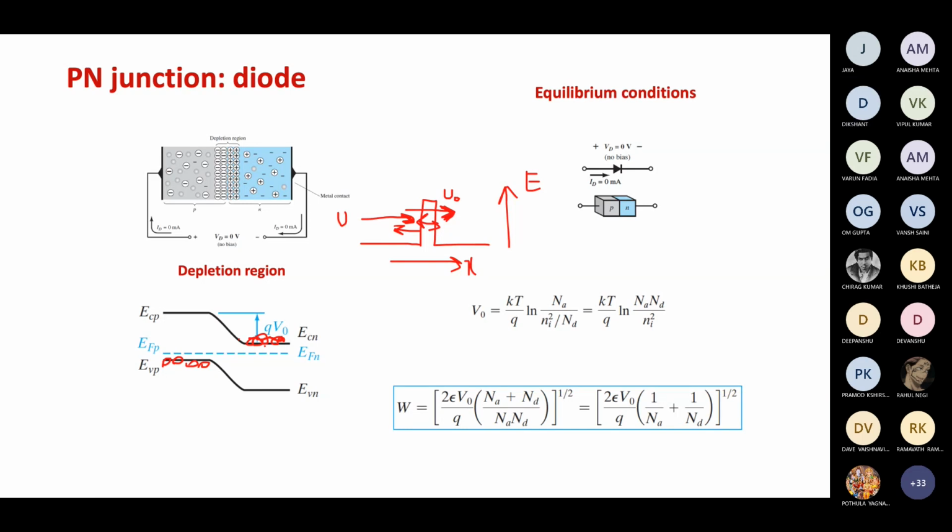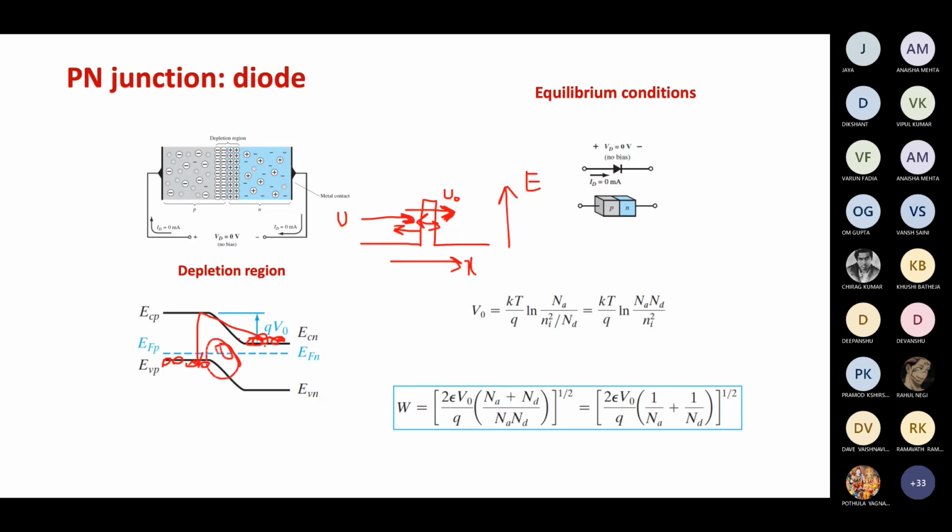But by design, if we dope the semiconductor heavily so that this barrier is small, and if we bring ECN and EVP to the same level, then in principle they can cross to each other. The path they should take is that electrons first go here and then come down here, because this is not an allowed region.